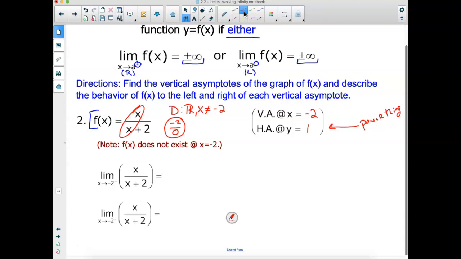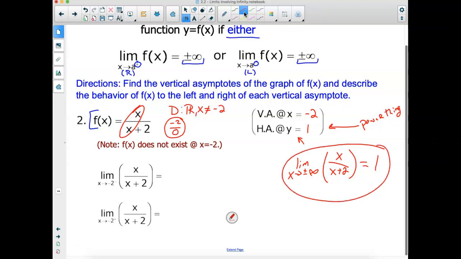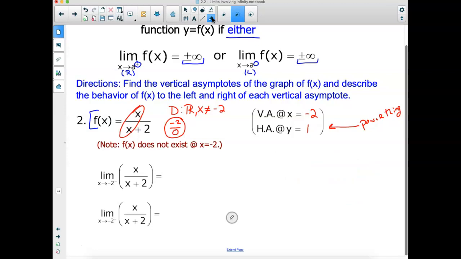So that means the limit as x approaches positive or negative infinity of this function x over x plus 2, this limit is going to equal 1. This is by definition a horizontal asymptote, okay? But we can see that with the power thing, but that's in calculus, horizontal asymptotes, that's what it means here with the limit, okay? And I'm going to dump that off for a quick second.